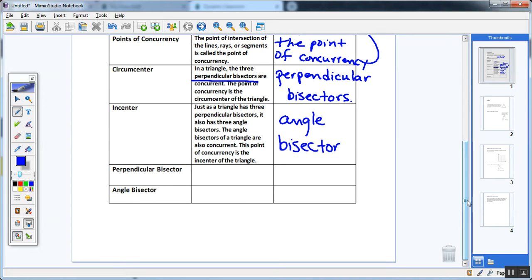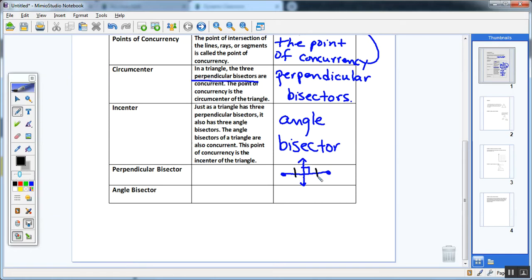We need to remember this. A perpendicular bisector bisects a segment, so just a quick visual again. If this is my segment right here, and I have a perpendicular bisector, what's true about the angle formed? 90 degrees. And the left segment up to the perpendicular bisector and the right segment beyond it are equal, so I should put some tick marks here and here.